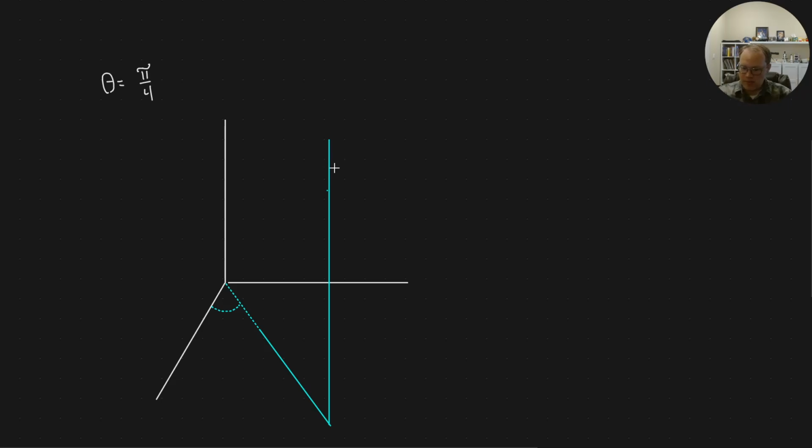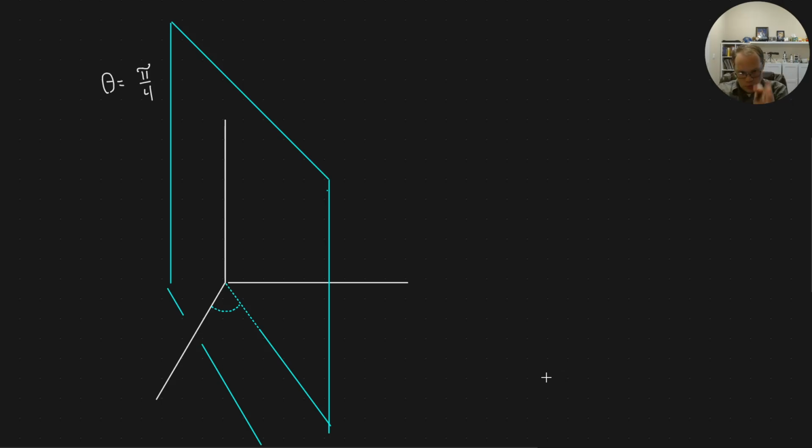And then I could go either backwards or forwards, because I could choose rho to be negative or positive. And so I end up getting this plane, just like I did with cylindrical coordinates. So when I set theta equal to a constant, I get the plane pointed in that direction.